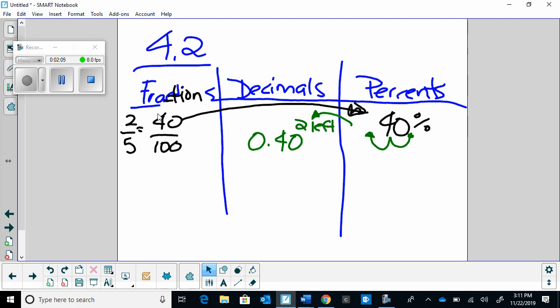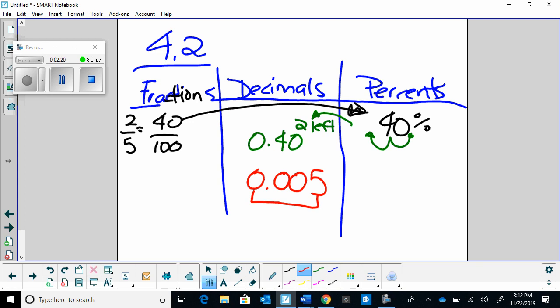All right. Let's say I start with a decimal. For example, my decimal is 0.005. I'm trying to figure out what the percentage is and what the fraction is. In class, we talked about figuring out the percentage first, because if I know I'm moving 2 to the left from percents to decimals, then from decimals to percents, I'm moving 2 to the right.